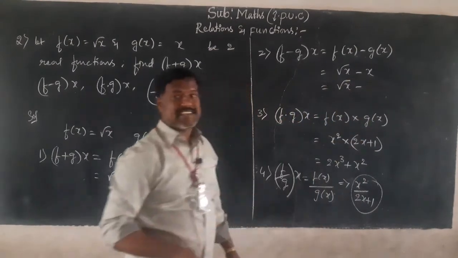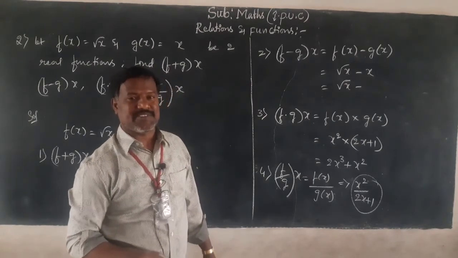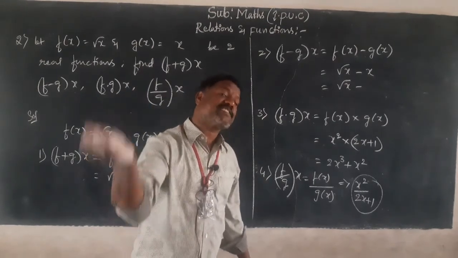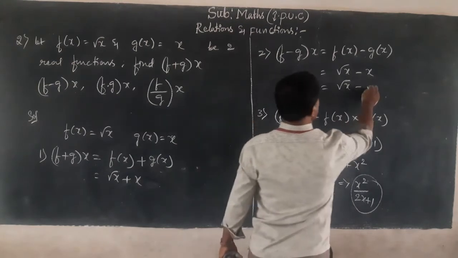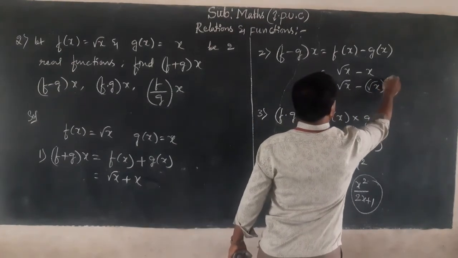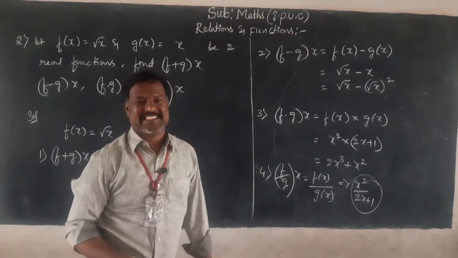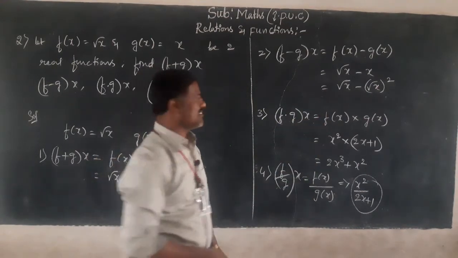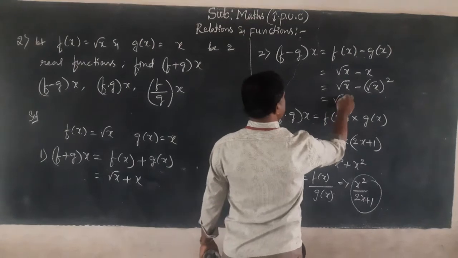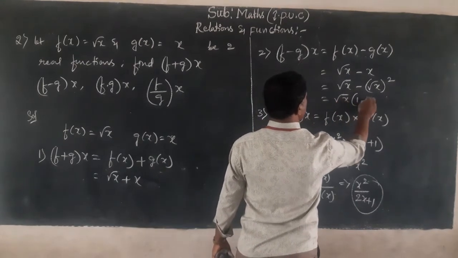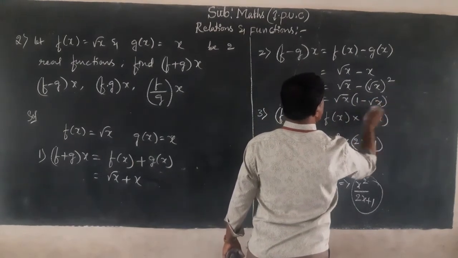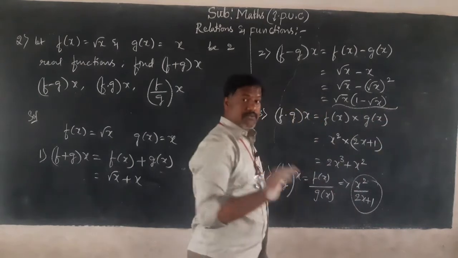We can write x in terms of root, that is root x whole square. You can take out root x as a common factor, that is root x into 1 minus root x. I think this is the final answer.